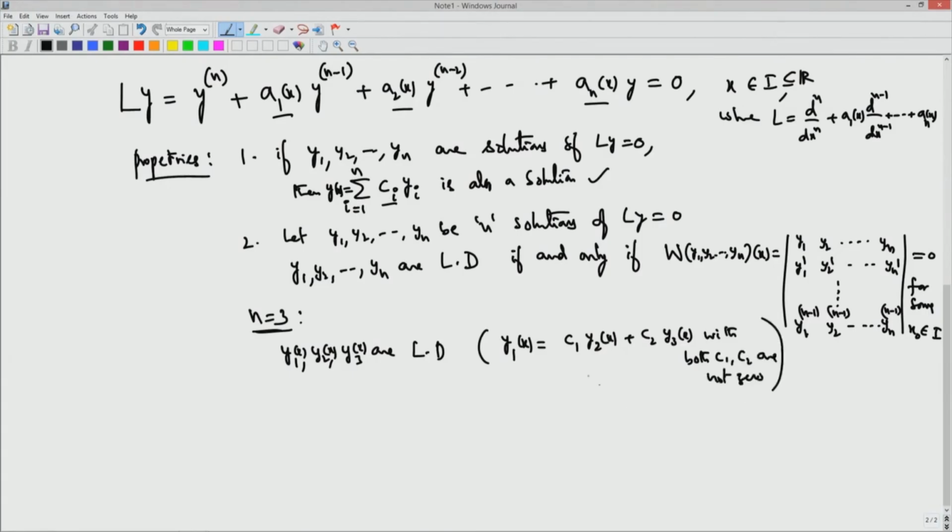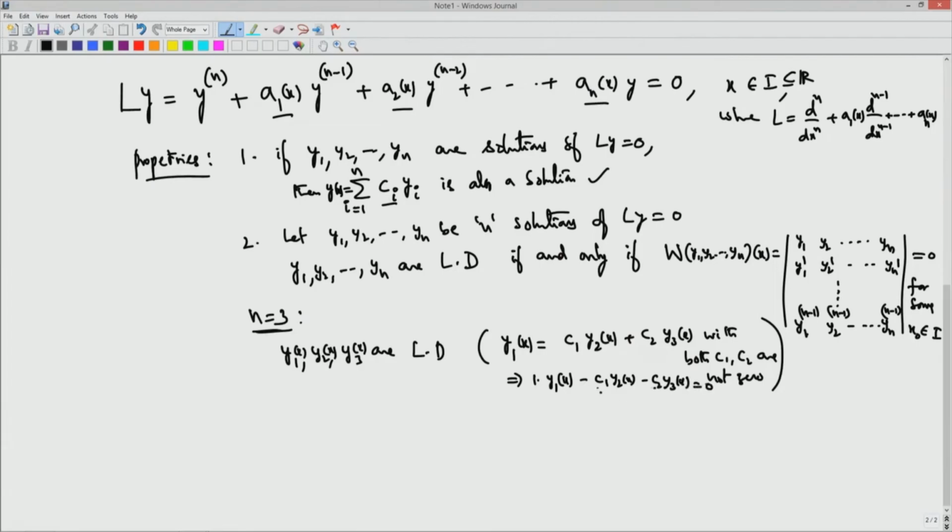That means I am able to write 1 into y1 of x minus c1 y2 of x minus c2 y3 of x equal to 0.